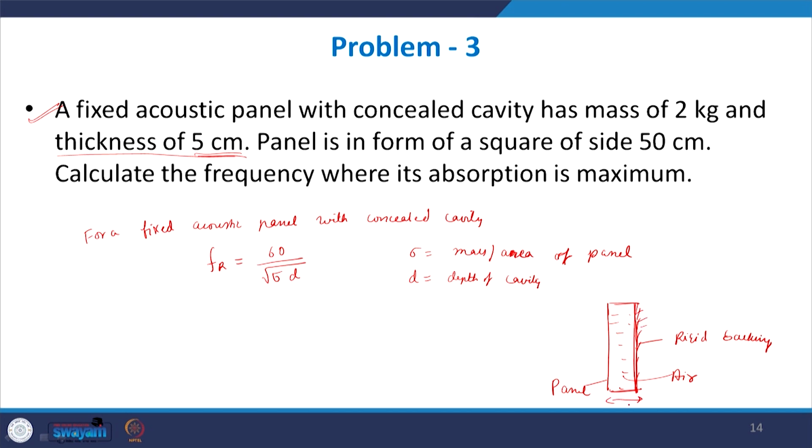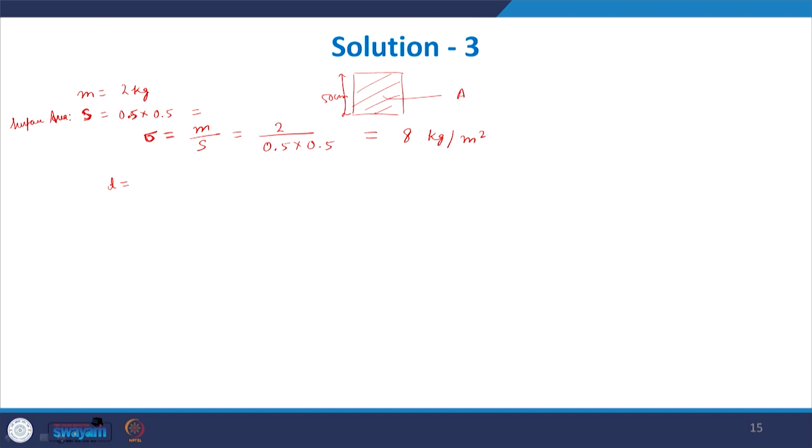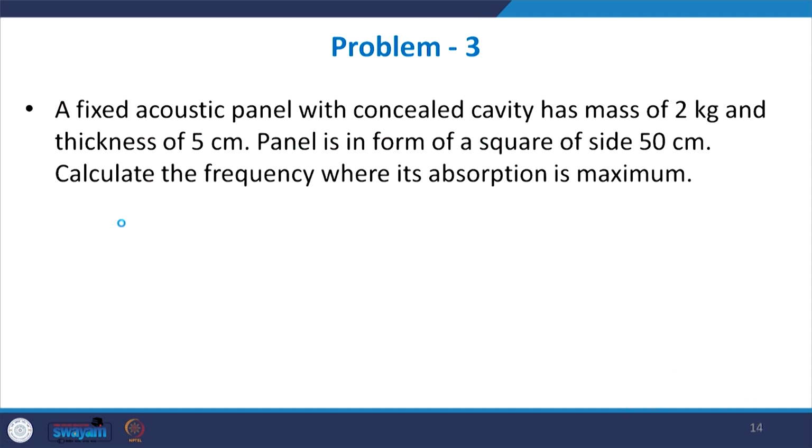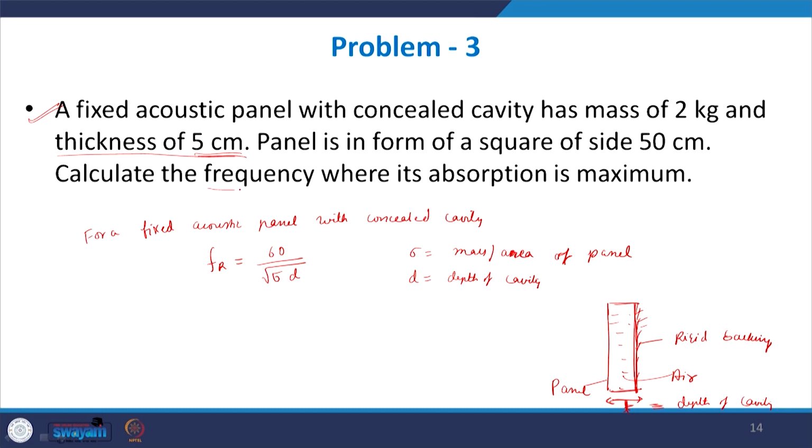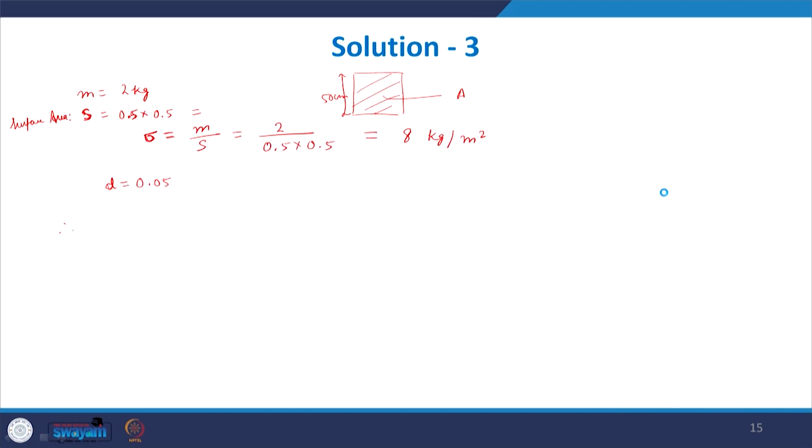Assuming the backing thickness is negligible compared to the cavity depth, this thickness will give you approximately the depth of the cavity. So we are taking D as simply the depth of the cavity, which is 5 centimeters, so it becomes 0.05.